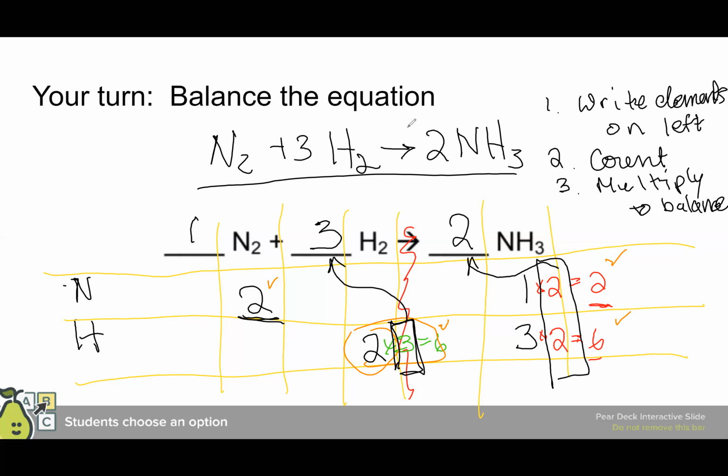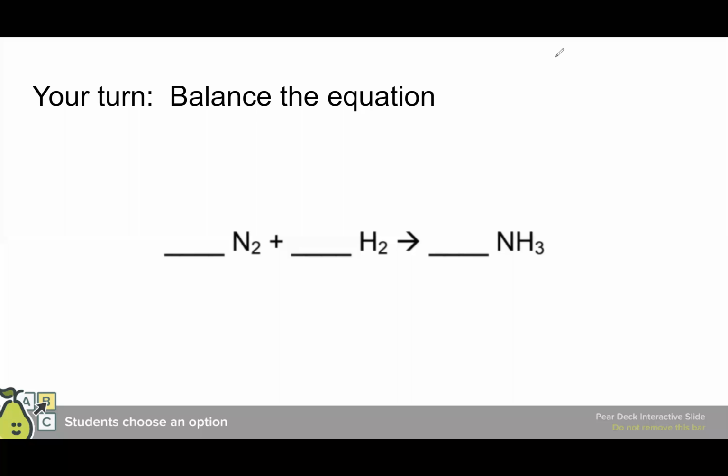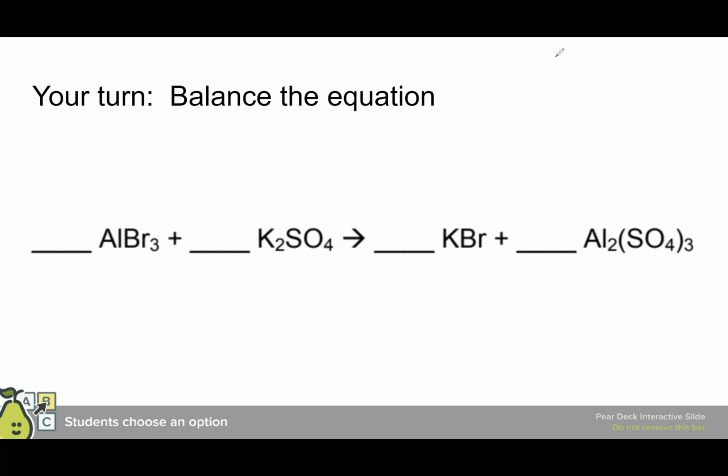Okay, let's try one more. Clear this. Okay, I wanted to try this one because if you notice here, SO4 is a polyatomic ion.